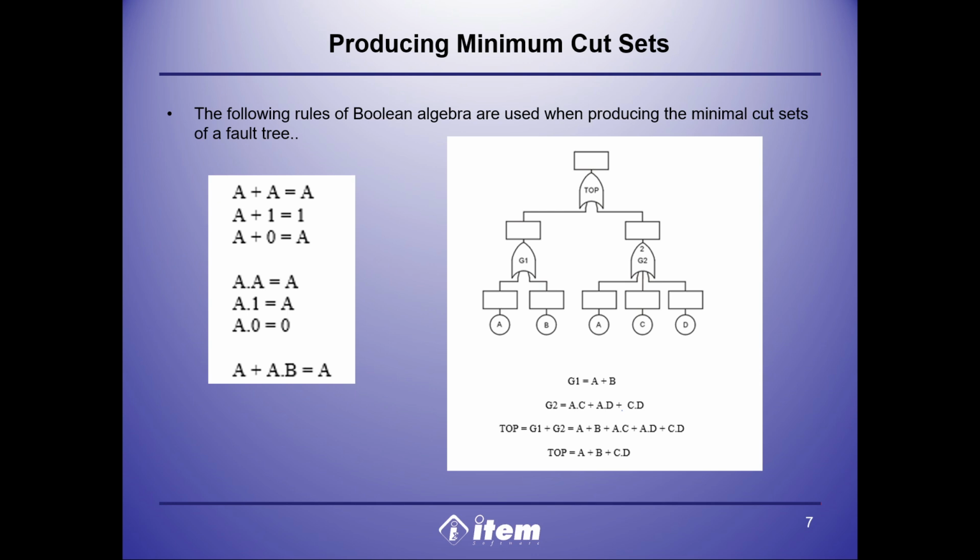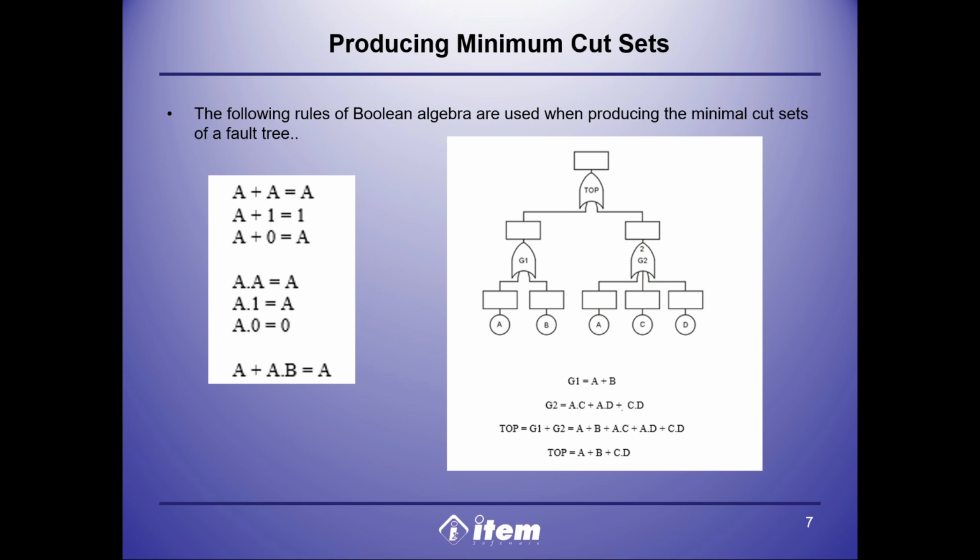But the true minimizing power comes from the simplification rules, specifically the idempotent and absorption laws. The idempotent laws state that X plus X equals X and X times X equals X. In engineering terms, this just means that if the exact same component failure appears multiple times within a single failure pathway, the software mathematically condenses it so we only count it once.